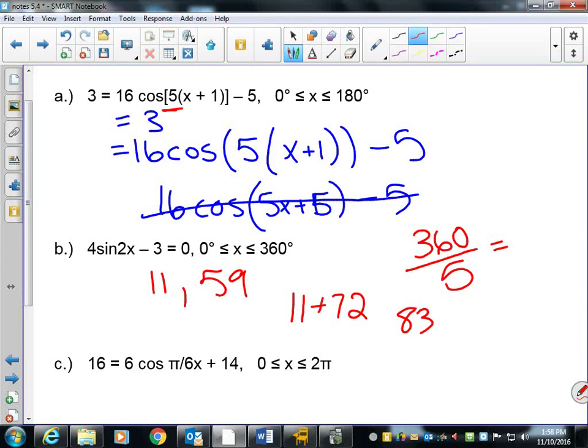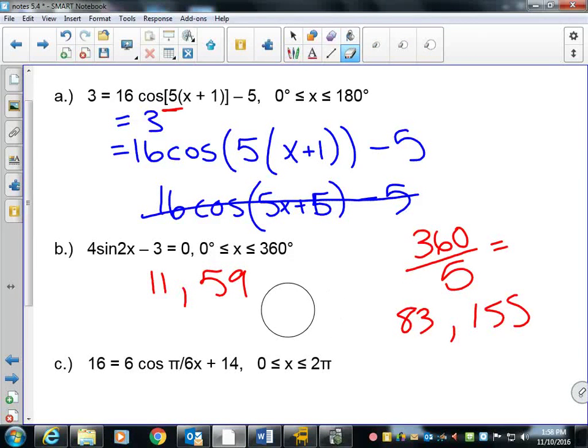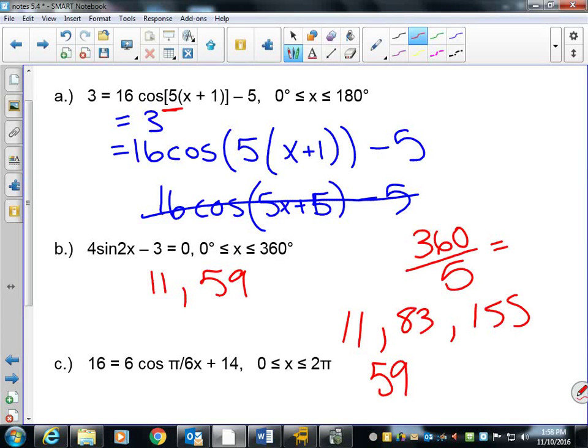83 plus 72 is 155. That still falls within 180, but if I add another 72, I'm going to be over 180. So right now, I have answers of 11, 83, and 155, but I also have to do this 59 answer. 59 plus 72 is 131.